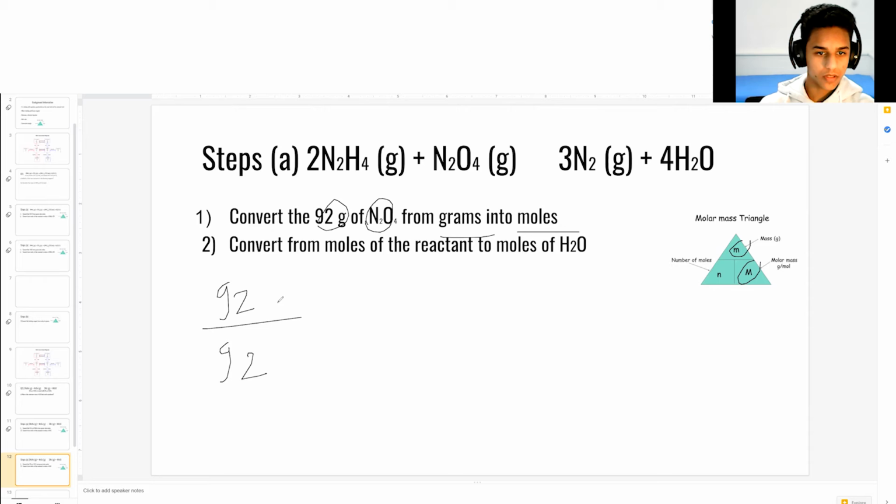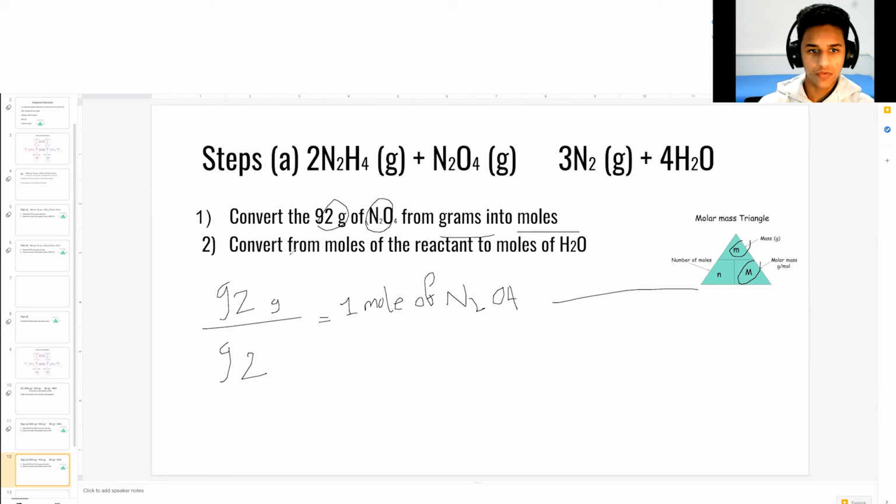This number is from the periodic table because it is the molar mass. So this will be 1, obviously, and it will be 1 mole of N2O4.